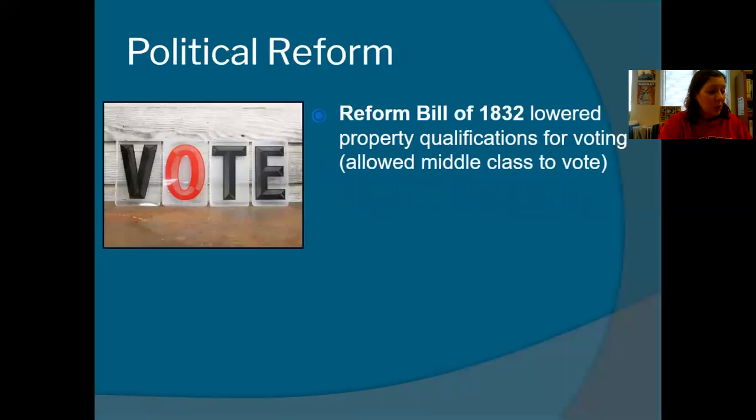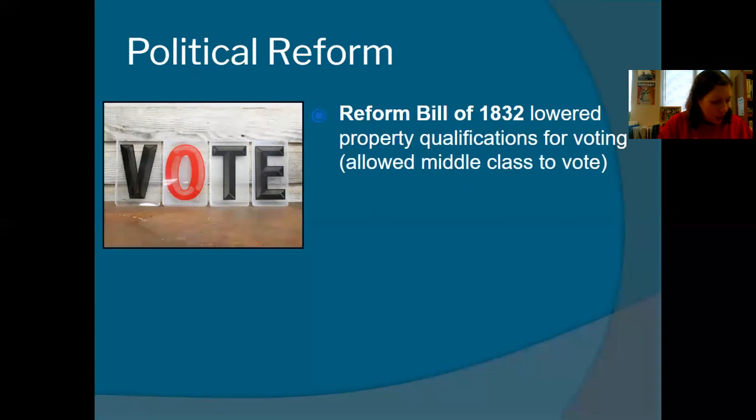All right, when it comes to political reform, we've looked at social, economic, and then political. So political reform includes the Reform Bill of 1832, which lowered the property qualifications for voting. So instead of having to be that upper top class, middle class people were now allowed to vote.